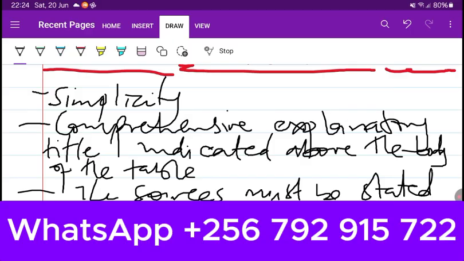You don't just put a table and not show where you got the information displayed in the table. So you always state the source of the information. All the figures must have come from somewhere, so a statement of the sources must be indicated below the table, because we have picked some information from somewhere.